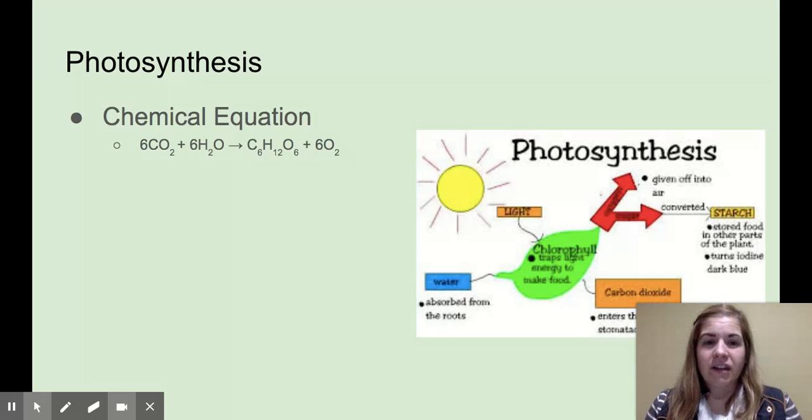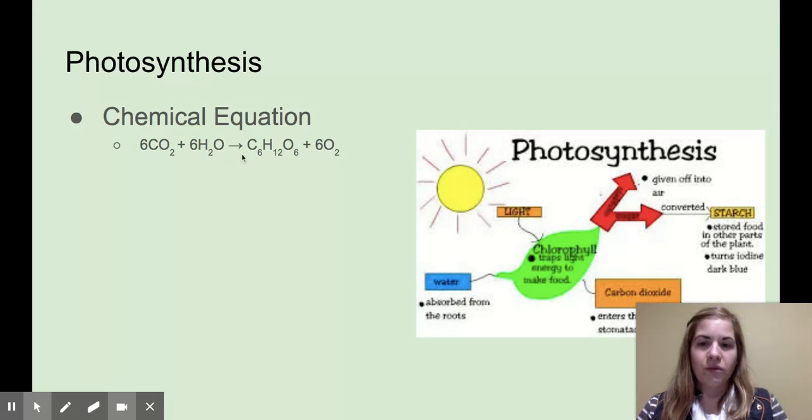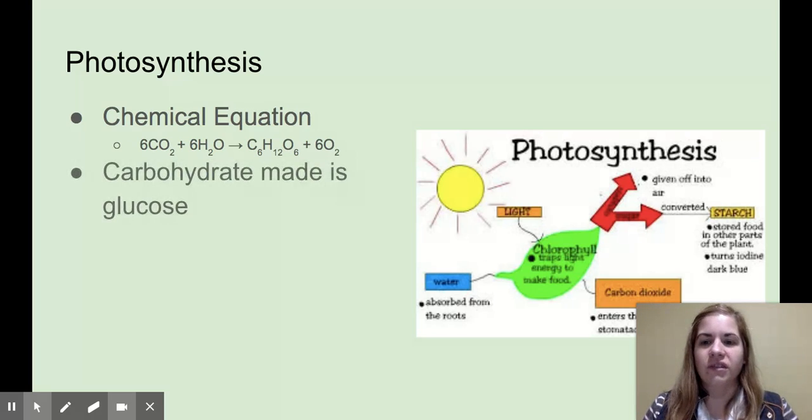The light is not necessarily written within the equation, but we have this arrow here showing that we're taking these two materials, and when we process them with the light, we're making glucose, that's this C6H12O6, and oxygen. So those are the two products made in photosynthesis.